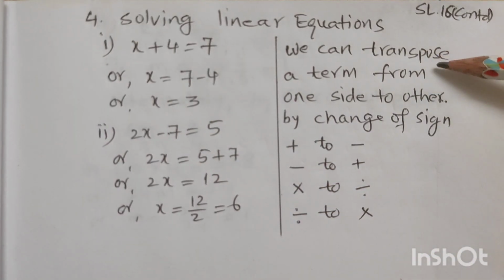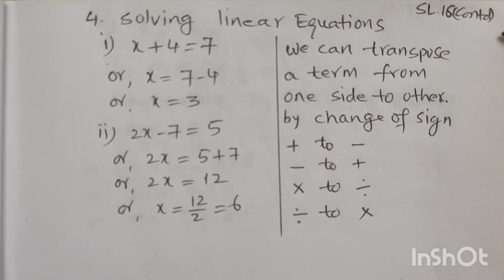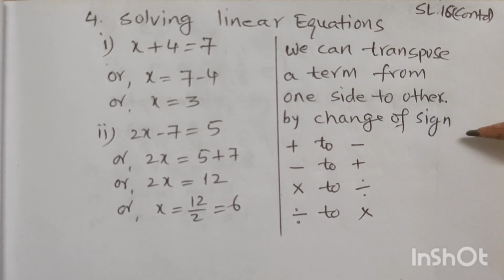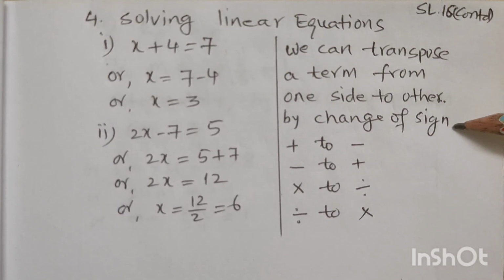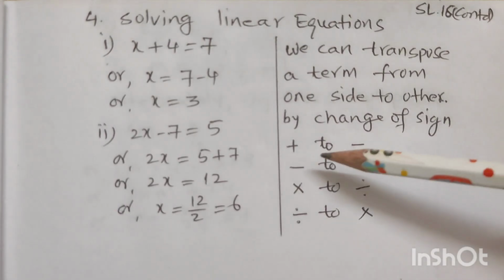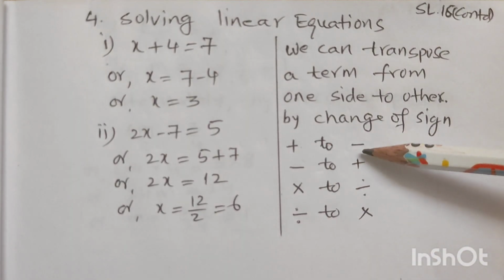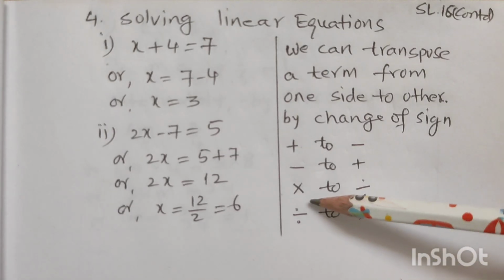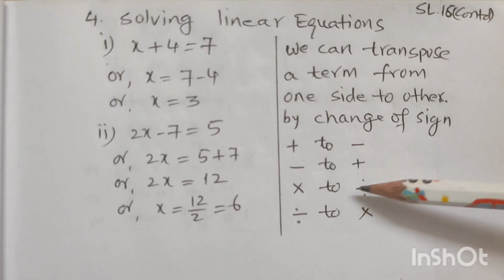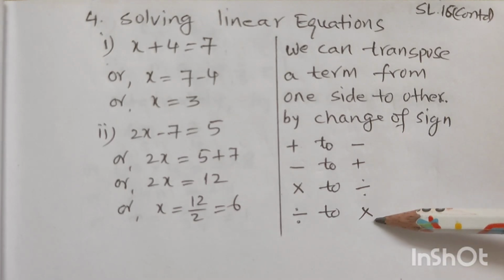You can see here the rule is we can transpose a term from one side to the other by change of sign. If we change side, plus sign is changed to minus, minus is changed to plus, multiplication is changed to division, and division is changed to multiplication.